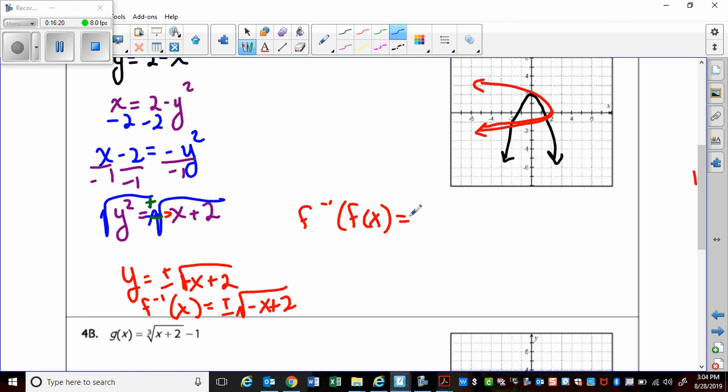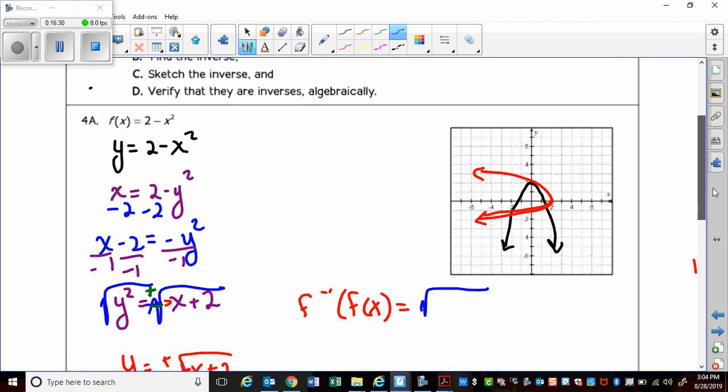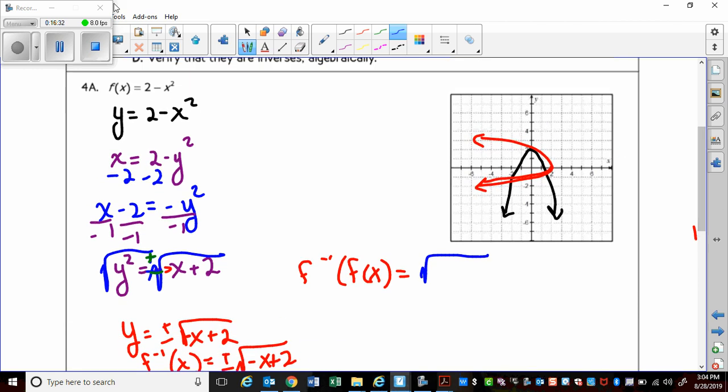I'm going to substitute this in. The square root of, and then this is negative x plus 2, or 2 minus, and then x is our function, so our original function, 2 minus x squared.